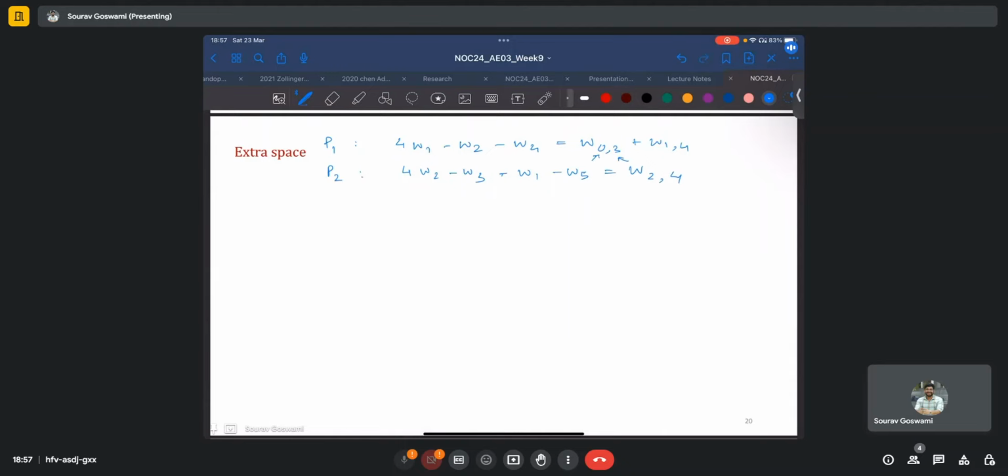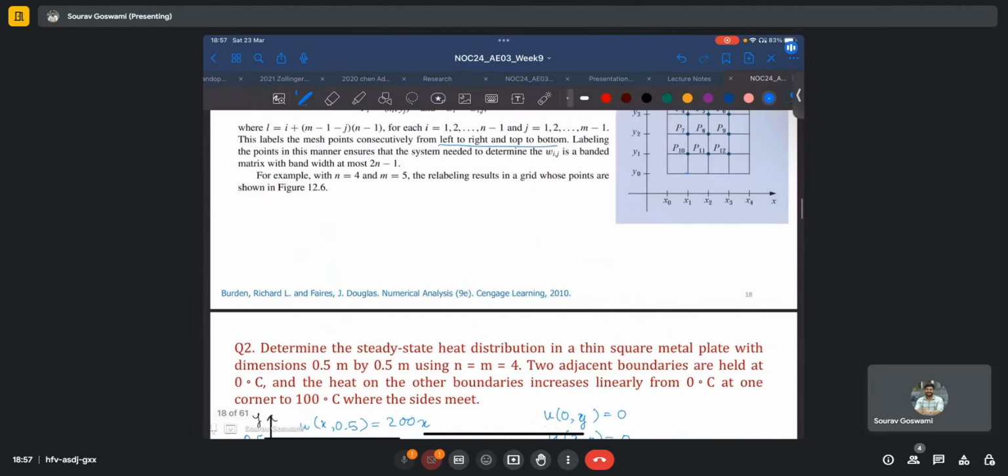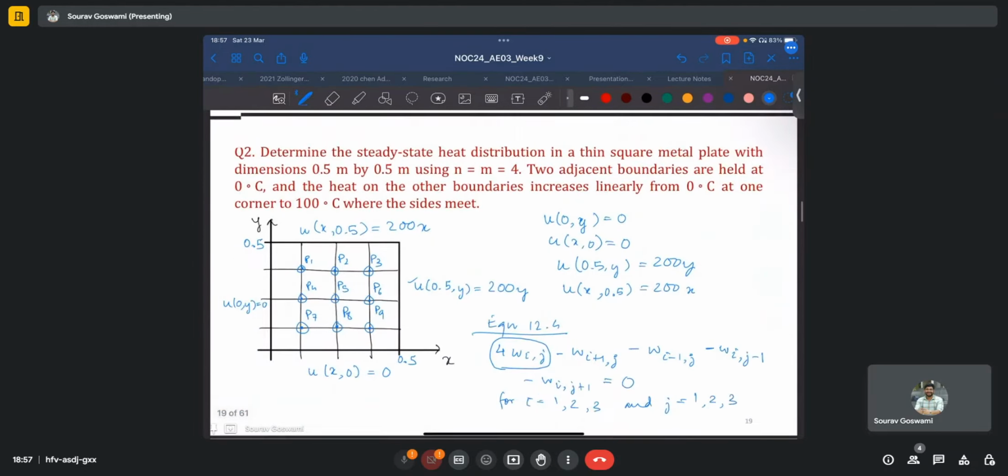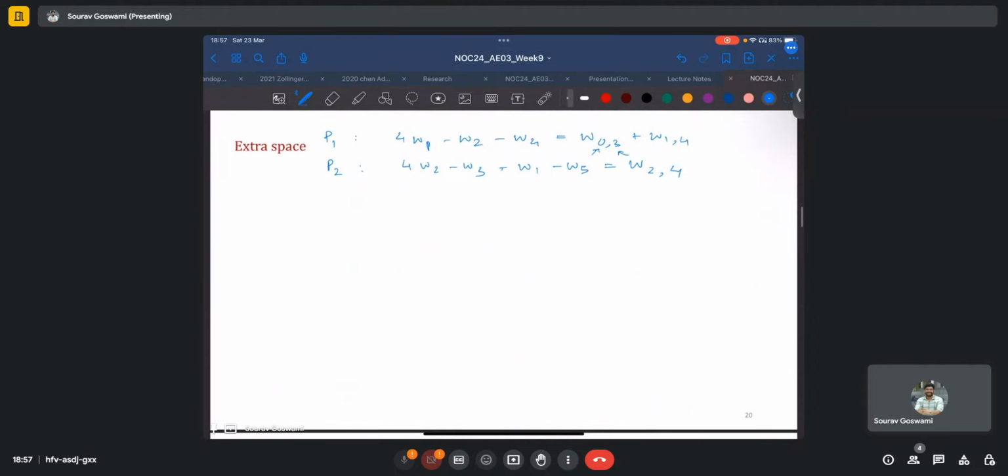They refer to the x and y positions in the grid. We have only one index on the left hand side because say w1 refers to the approximation at P1, w2 at P2, and so on. This is based on the relabeling scheme that we saw here. Similarly, P3 can be rewritten as 4w3 minus w2 minus w6 equals w_4,3 plus w_3,4.